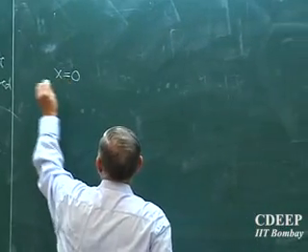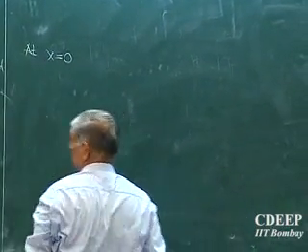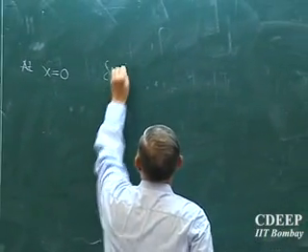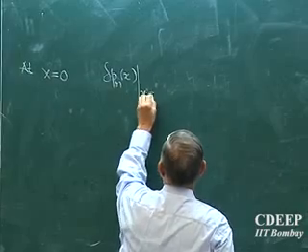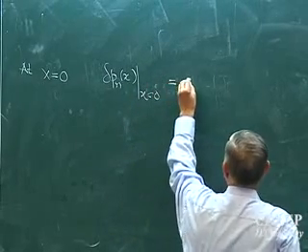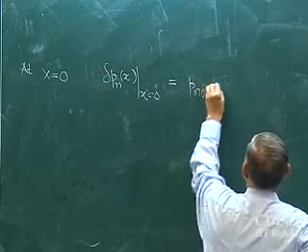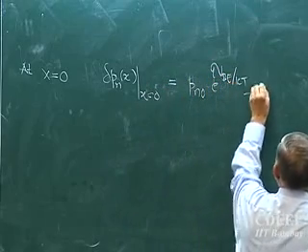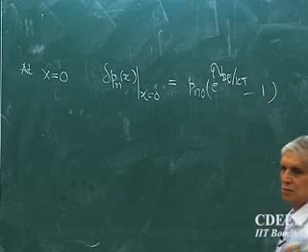These two points are very important. At x is equal to 0, the excess carriers delta Pn at x is equal to 0 is nothing but Pno e to the power q VBE over kT, minus 1. We have done this, I will not repeat it again.